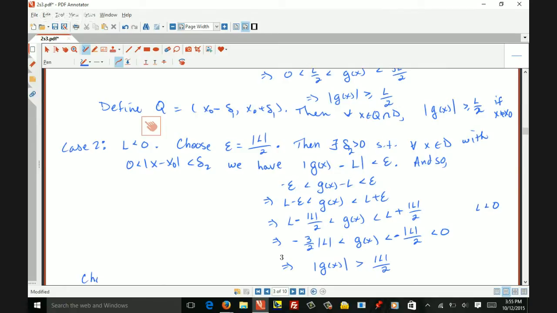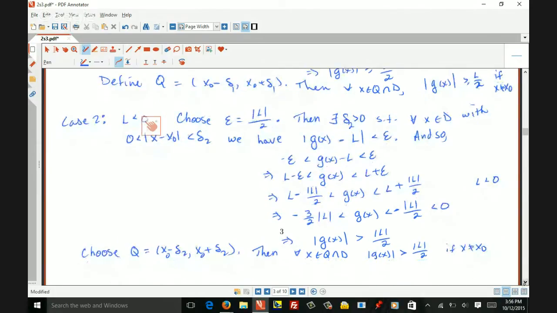Here again, we have to choose our Q. So choose Q to be equal to x naught minus delta 2, x naught plus delta 2. Then for all x in Q intersected with D, we have g of x in absolute value is greater than absolute value of L over 2 if x is not equal to x naught.